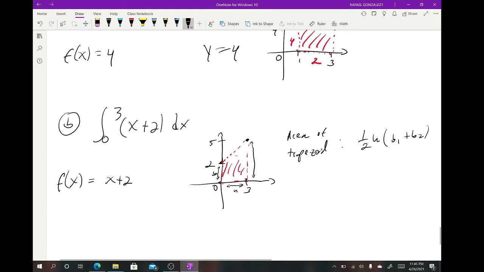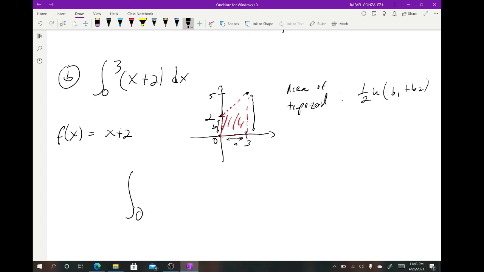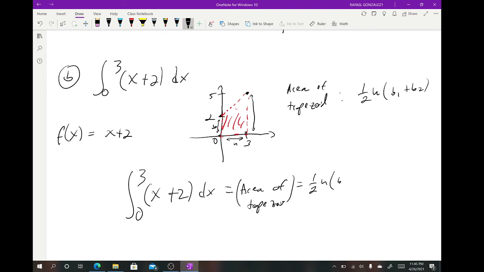So we have that this definite integral of x plus 2 dx is actually equal to the area of a trapezoid, and by what I just wrote, is 1/2 the height times b1 plus b2, base 1 plus base 2, which is 1/2.